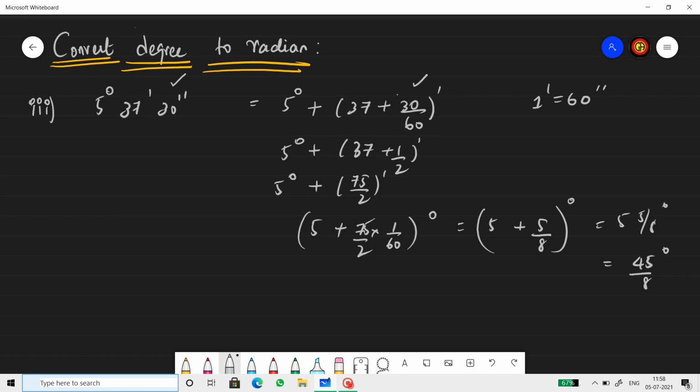Now convert 45 by 8 degree to radian. 45 by 8 degree is equal to 45 by 8 into pi by 180 radian. Simplify this, you get pi by 32 radian.